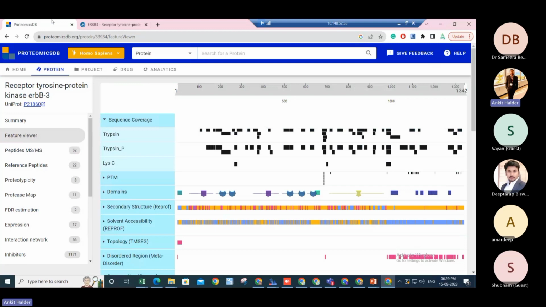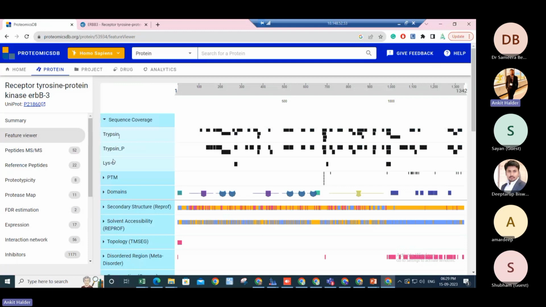So all these databases come under your derived or secondary databases, which use the data from your primary database and then perform some kind of analysis for better interpretation. Here you can see that it has information from UniProt, but it gives us extra information like the sequence coverage. For this protein it is saying undefined. So how much of the sequence can be covered by using trypsin?